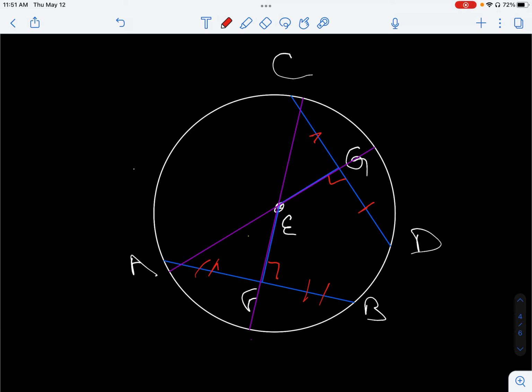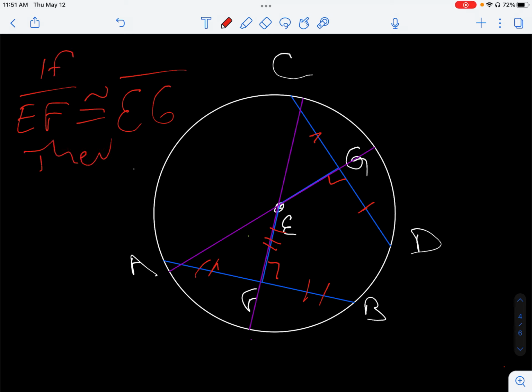But if EF is congruent to EG, then AB is congruent to CD.